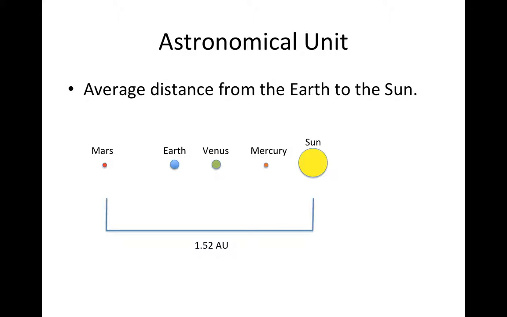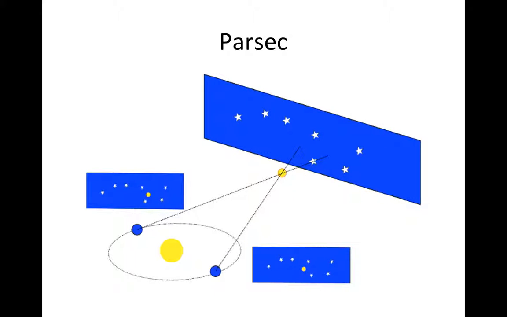And Mars is about 1.52 astronomical units. Okay, so Mars is farther in its orbit from the Sun than the Earth. So the astronomical unit is actually very useful as a unit of measure for measuring things within the solar system.